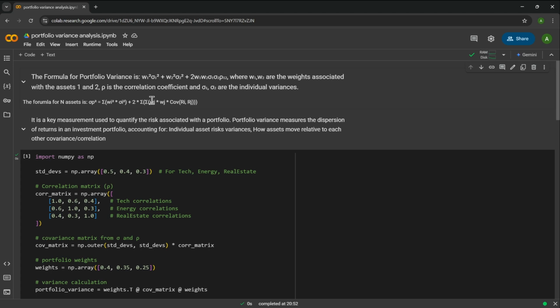If you have, let's say, three assets, then W1 W2 times covariance of 1, 2, plus W2 W3 times covariance of 2, 3, plus W3 W1 times covariance of 3, 1. And that's how you compute this.